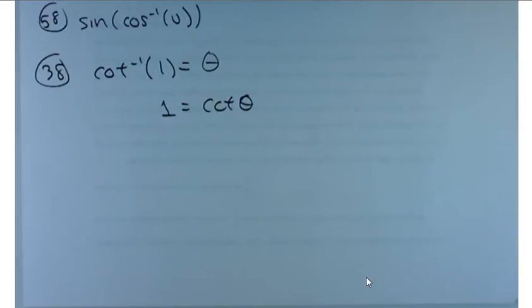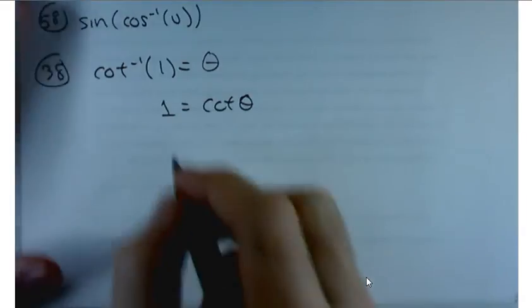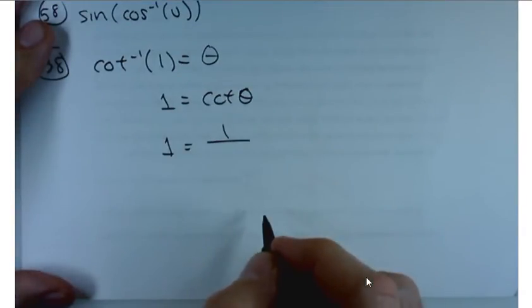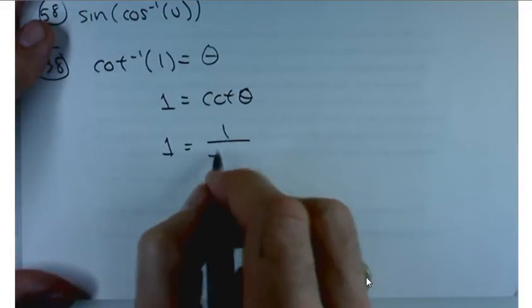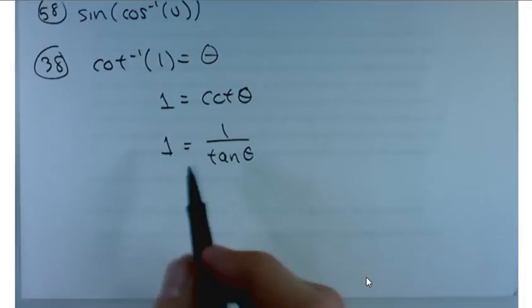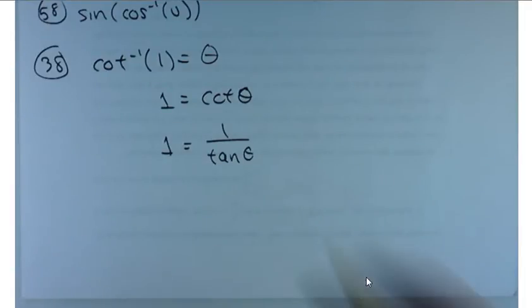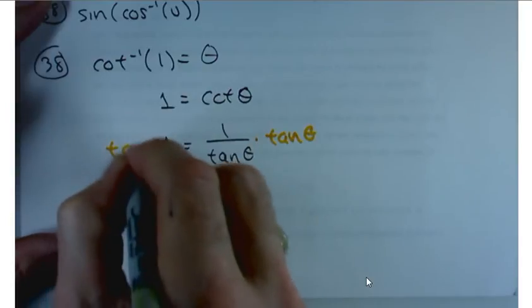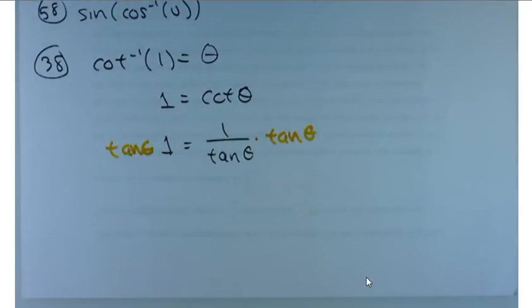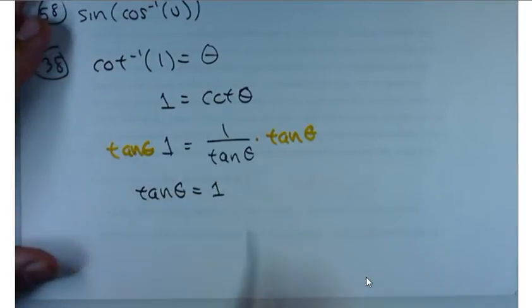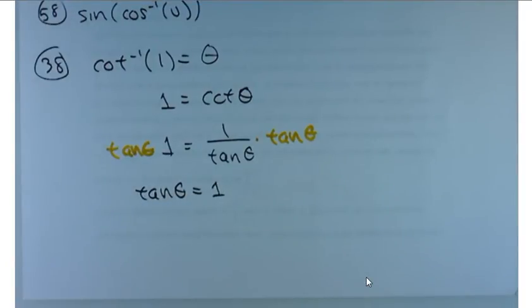Now, that helps us out a little bit, because the cotangent of theta is 1 over which function? 1 over tangent of theta. If I multiply both sides by the tangent of theta, then I get the tangent of theta equals 1. And that's something I can work with.